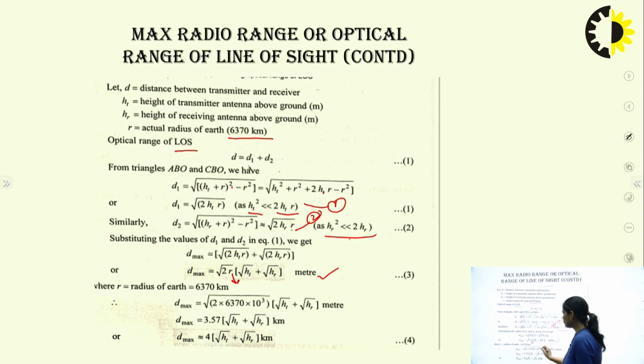Now here you can calculate this under root value, and you will get here 3.57 in bracket under root h_t plus under root h_r, that is you are calculating here in kilometer. So d max is nearly equal to 4 in bracket under root h_t plus under root h_r kilometers. So this is your d max for this line of sight.